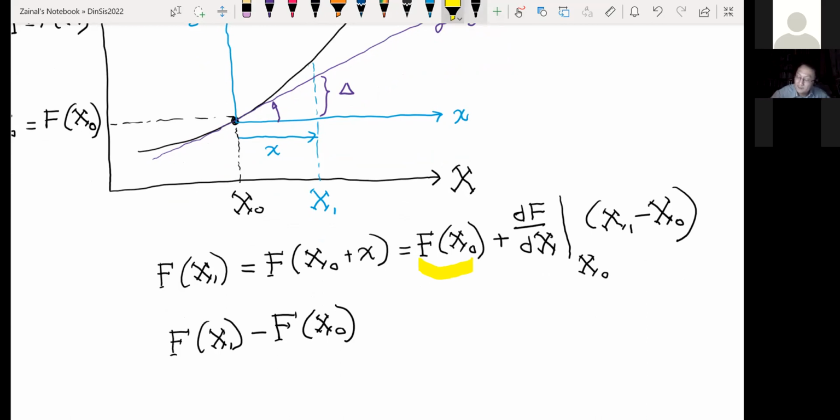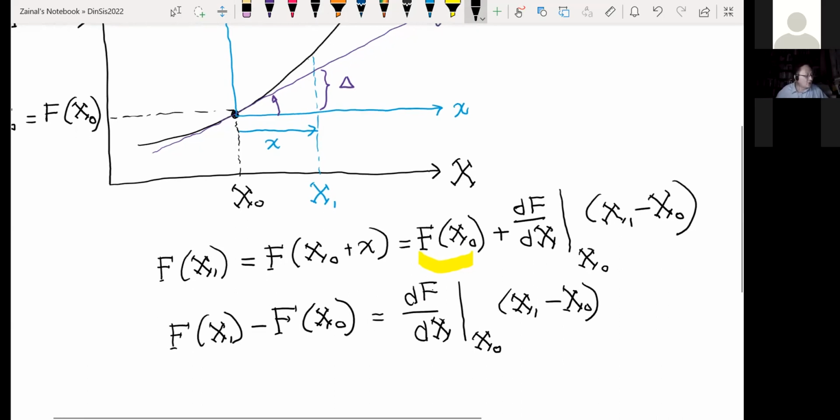So we have f(x1) minus f(x0) is equal to df over dx, evaluated at x0, multiplied by (x1 minus x0).